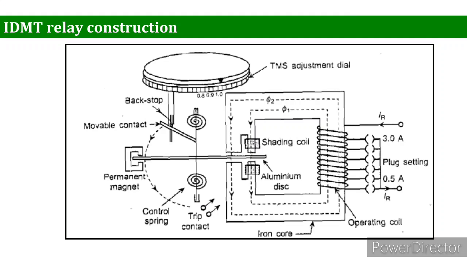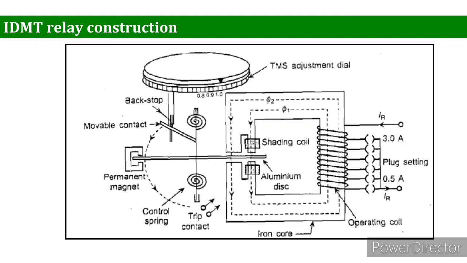The torque thus produced by the interaction of the two fluxes, neglecting saturation, is proportional to I squared, that is the current. This is the deflecting torque, which you can denote with T deflecting. The spiral spring provides the control torque, which you can denote by T controlling.